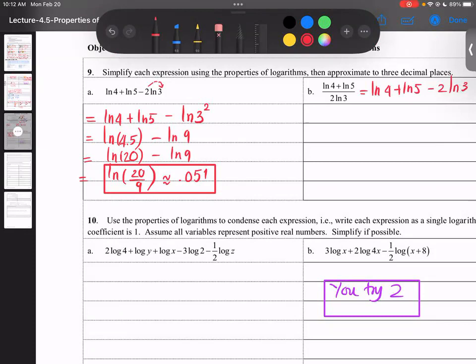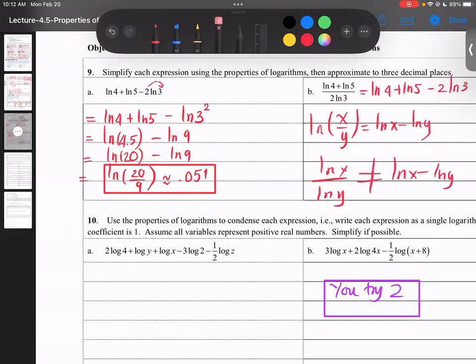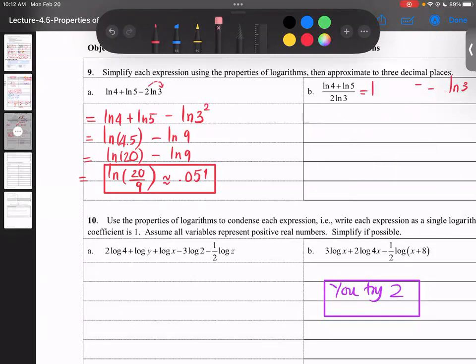No. What I told you: ln of x over y equals ln x minus ln y. ln x divided by ln y is not equal to ln x minus ln y, right? We don't have those rules. So no, it's not. I know it looks tricky, but it's not. We break them apart first.